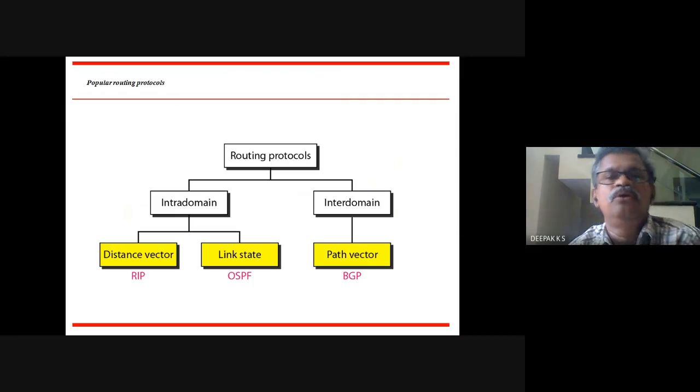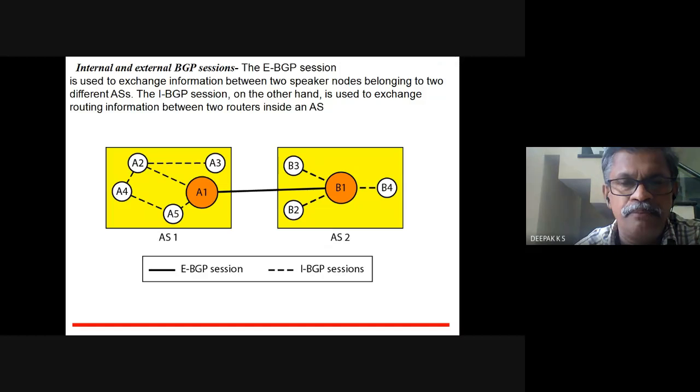So what we have seen basically is routing protocols. The whole internet is divided into autonomous systems. Within an autonomous system, we have either distance vector routing, which is RIP, or link state routing, which is OSPF. And amongst the autonomous systems, we have path vector routing, which is the border gateway protocol.